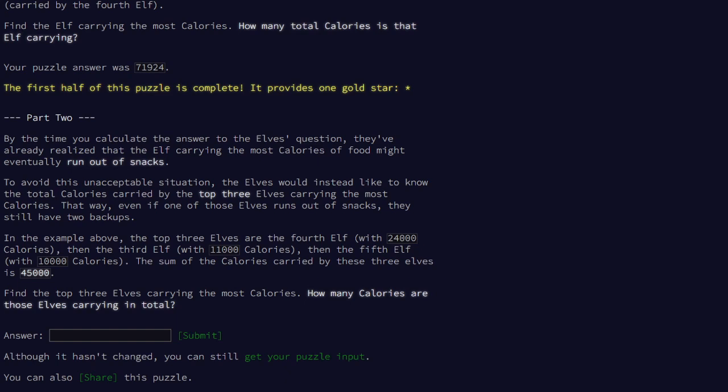This will be B minus A. Okay, so we get the first 3. These are the ones carrying the most calories. So you just iterate through the first 3 elements.